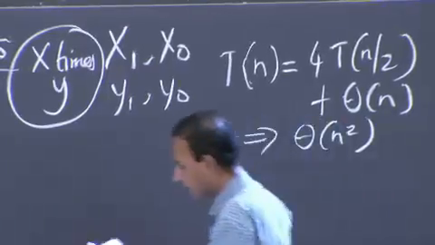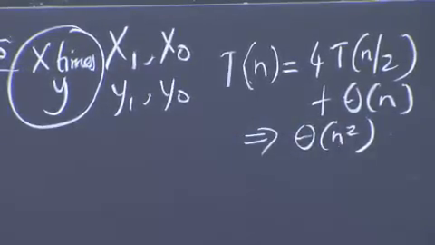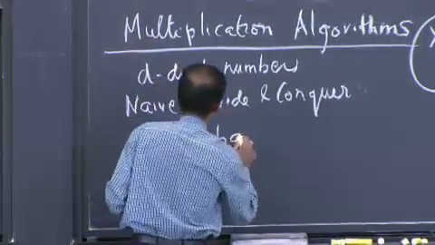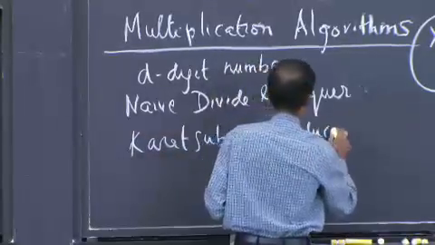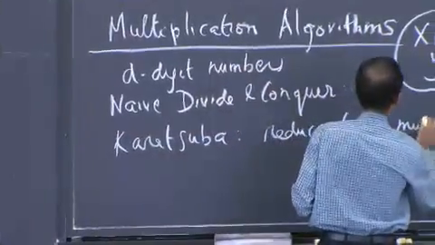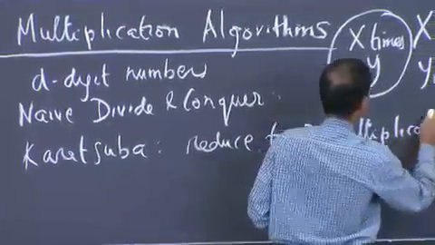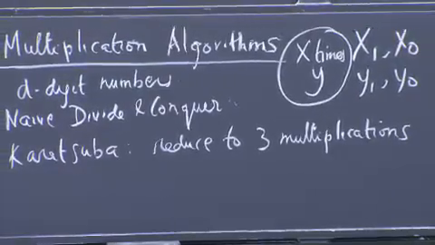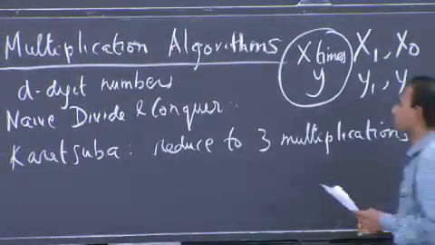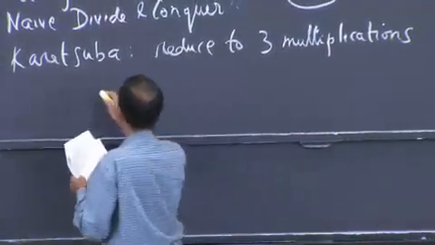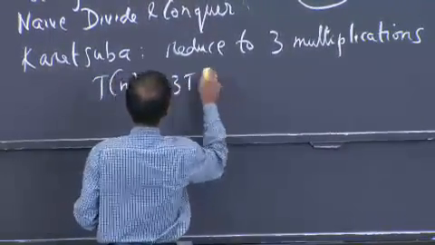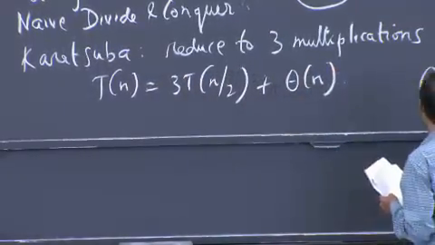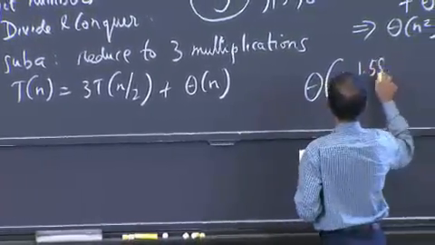This gentleman by the name of Karatsuba recognized that you could play a few mathematical tricks, which I won't go over again, but reduce to 3 multiplications, and you do a few more additions. But given that the additions have theta n complexity, the recurrence relationship turns into T(n) equals 3T(n/2) plus theta n. And this ends up having n to the 1.58 complexity.